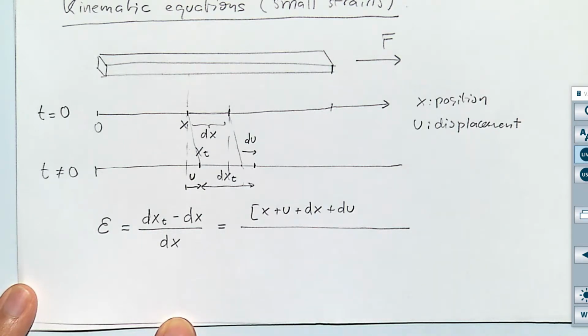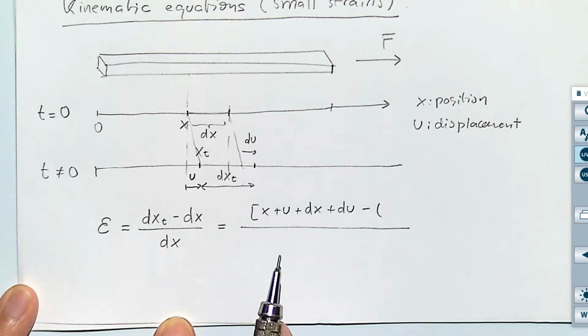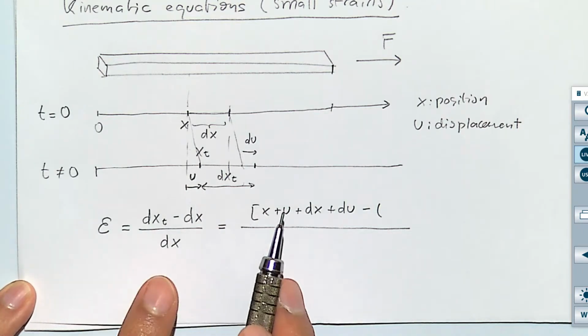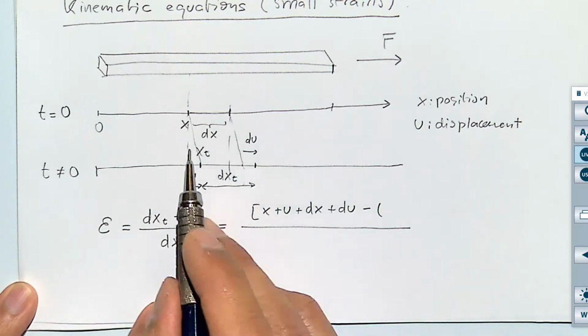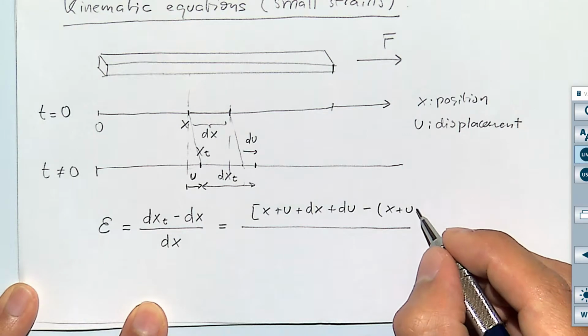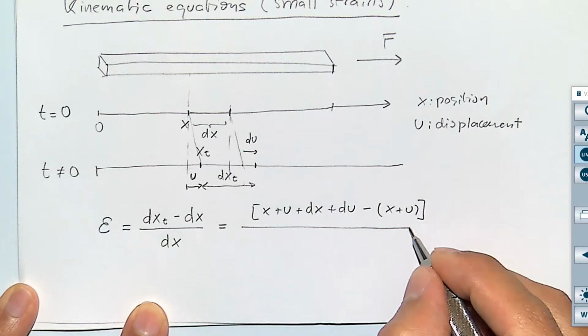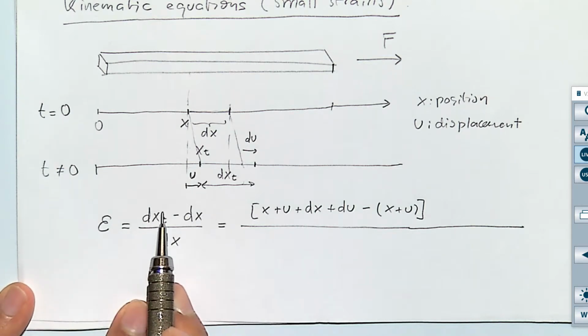And then I need to subtract the original, this point over here, this position, which is basically x plus u, and this is going to be this length, dxt.